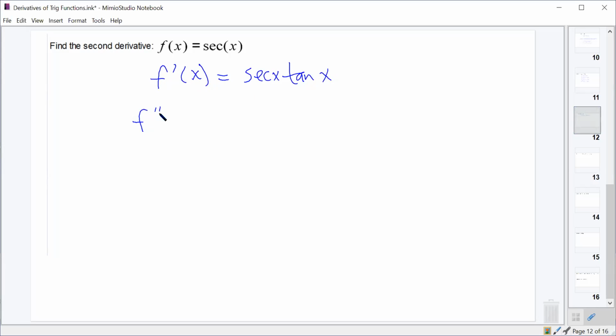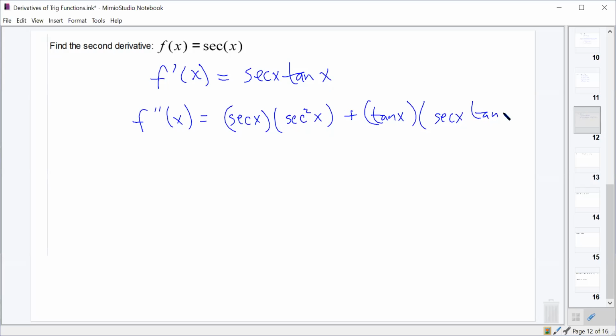So for the second derivative we'll have to use the product rule. That'll be secant x times the derivative of tangent, which is secant squared, plus tangent times the derivative of secant, which is secant x tangent x.